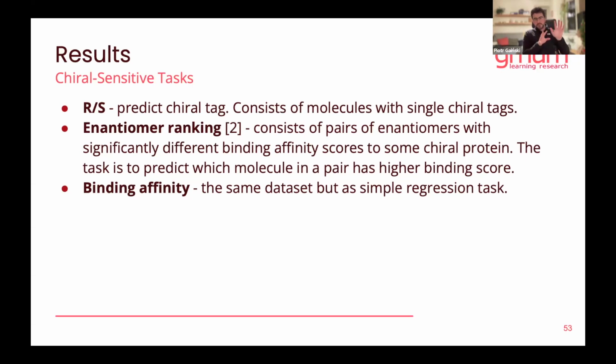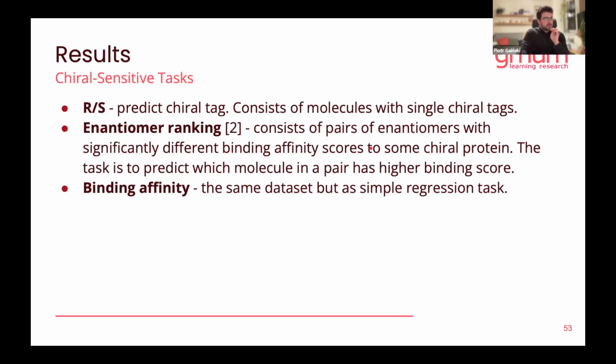The task of the model is to predict the binding affinity so that the enantiomers in a pair are ranked correctly. So if one enantiomer was better in a simulation, then it should also do better in the prediction of the model.